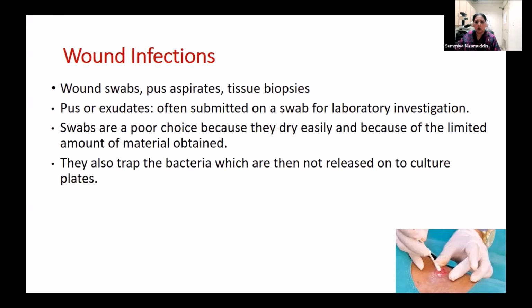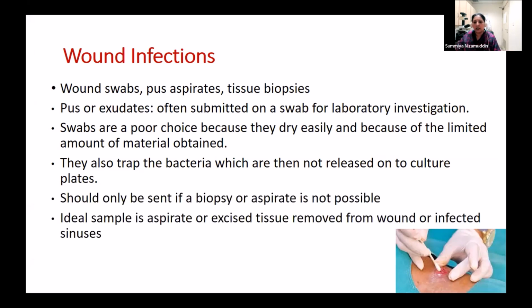Now the problem with swabs is that they are a poor choice for taking pus samples or wound cultures, because swabs tend to dry easily and can pick up only a limited amount of material. The other problem is that the fiber in the swabs can trap the bacteria, and these would not be released onto the culture plates.